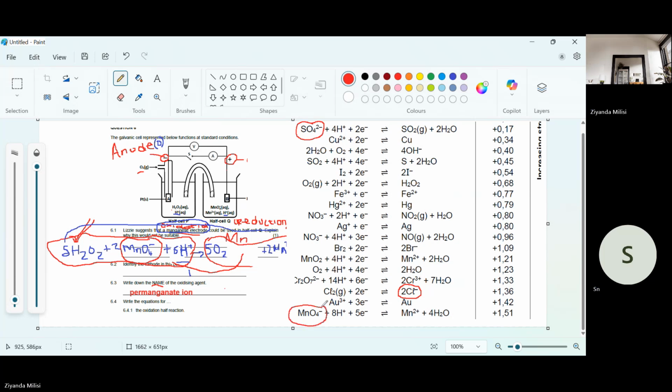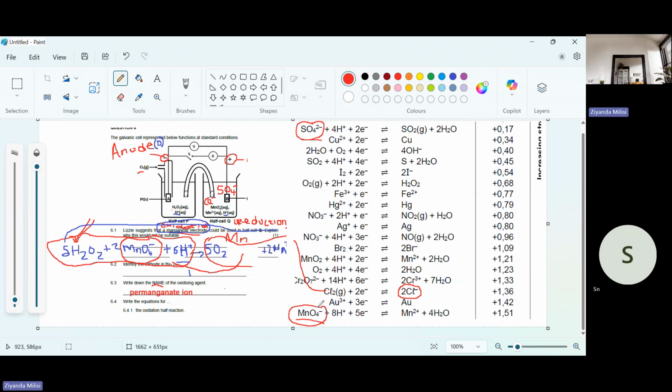When we put in here SO4 2 minus ions or Cl minus ions, who will be oxidized between this ion and this one? Both these are on the same side. Can you see that? Yes, I can see.